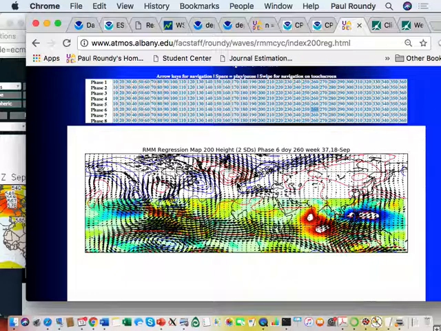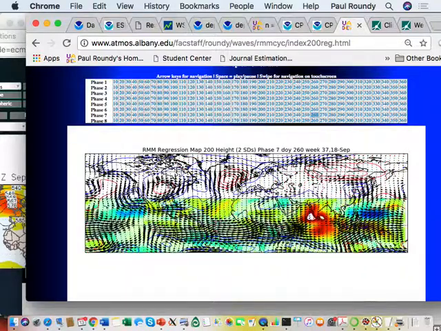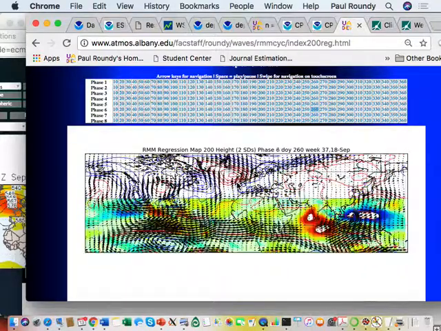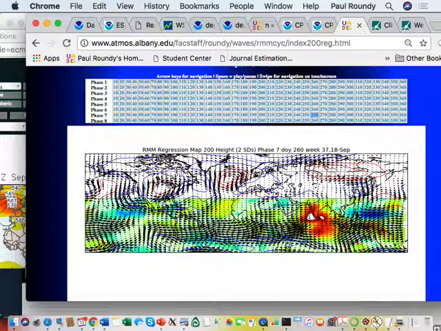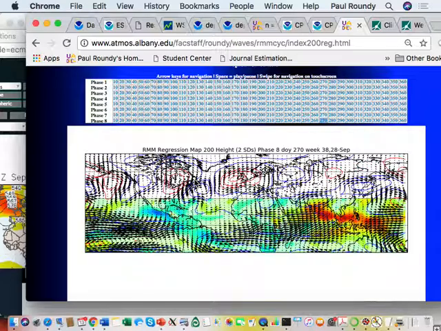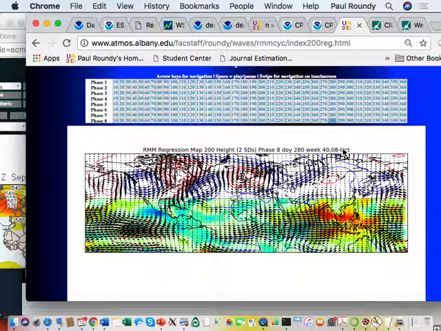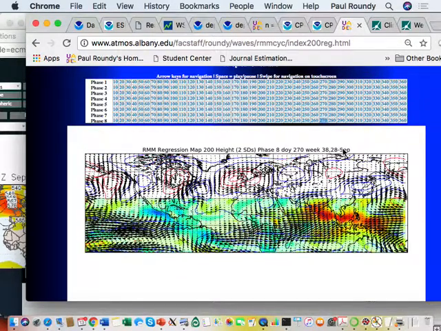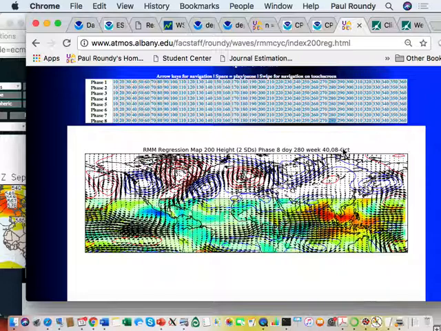In the middle of September, being in phases 6 and 7 is associated with a warm anomaly. But moving further into the year, toward the end of September and into October, look what phase 8 does. Phase 8 used to be cold. Phase 8 becomes warm.